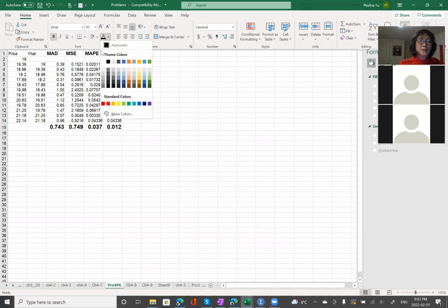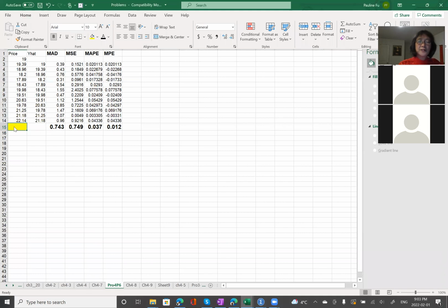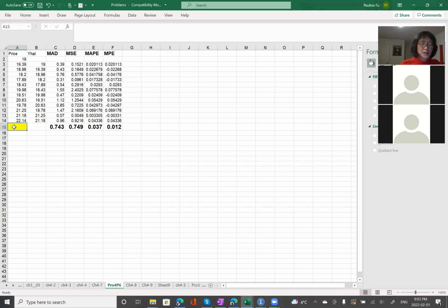I'm going to use maybe a different color. So forecast this number, January 2007, using 3 months moving average. So I'm going to type in here 3 months moving average.